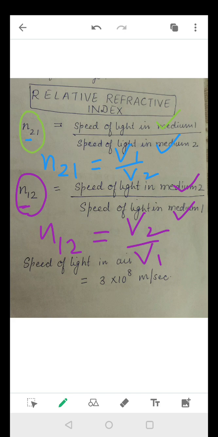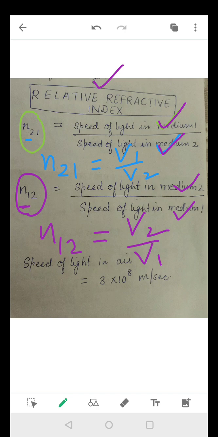And since we are comparing these two media, we call this refractive index the relative refractive index. So what is relative refractive index? It is the ratio of the speed of light in one medium in comparison to the second medium.